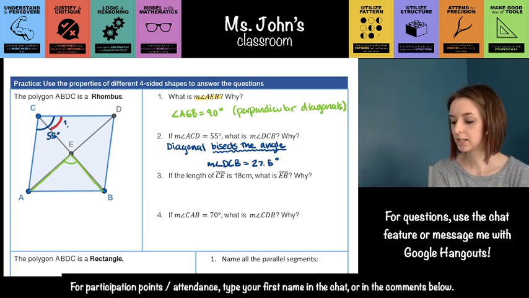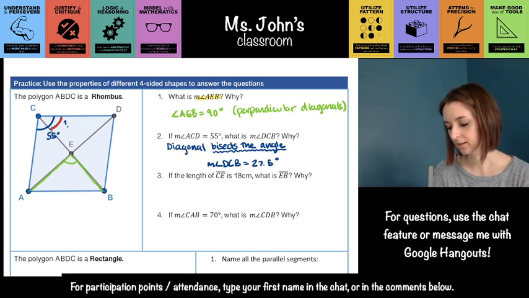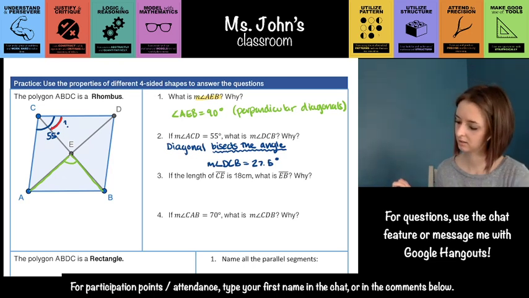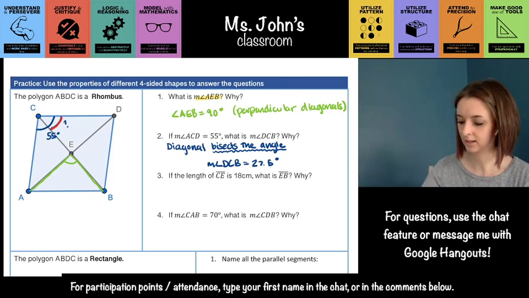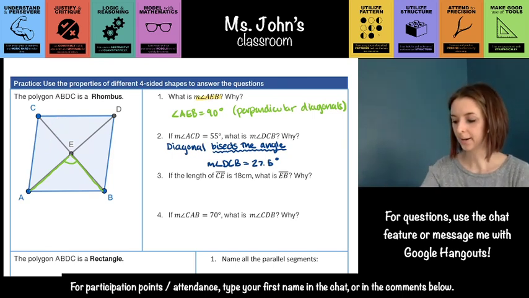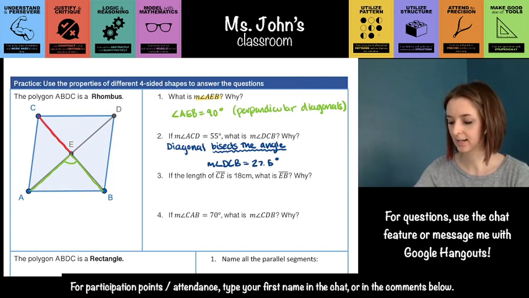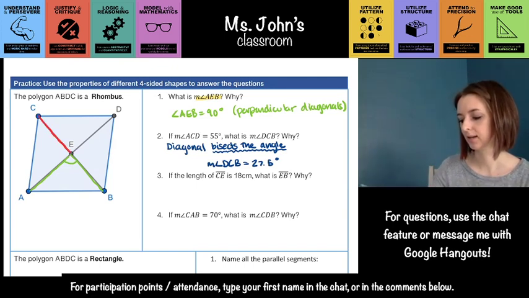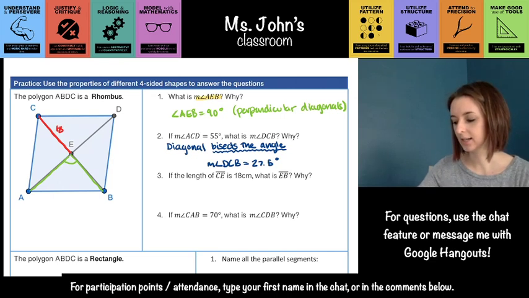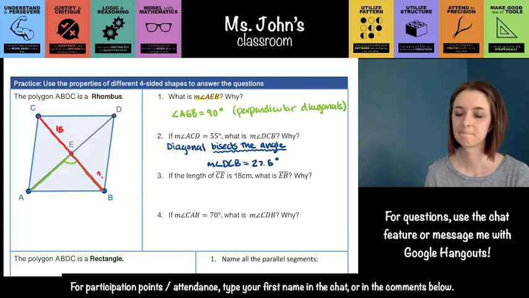Okay, the next question says if the length of CE, I already drew all over that corner, so I'm gonna have to erase it. Sorry. It says this length, CE, is 18 centimeters, and then it's asking for this length down here. Yes, Philip, I know that I'm super late answering that question.